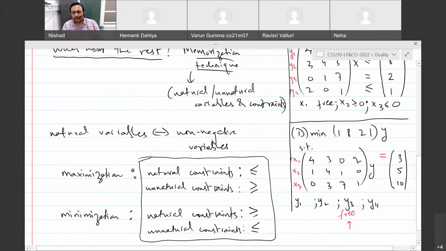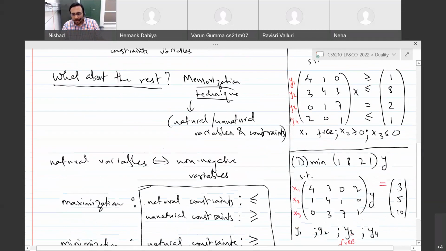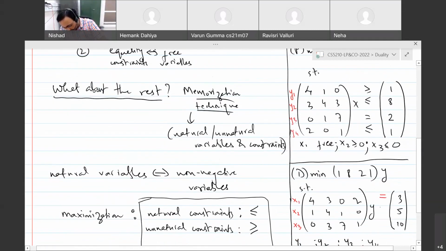Okay? So now I want to figure out what should this constraint be, the second constraint. The second constraint in the dual corresponds to the second variable in the primal, which is x2 greater than equal to 0. So that variable is non-negative. Therefore, it is a natural variable.